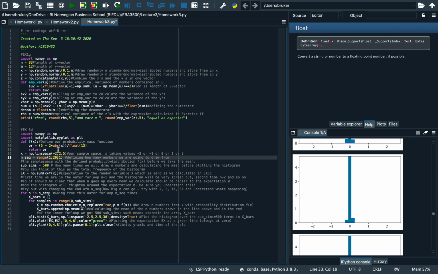So here, first we define this probability mass function. That is the probability mass function we have used now in exercise 5, so this is well known.